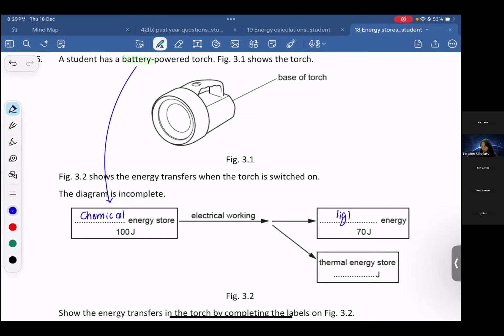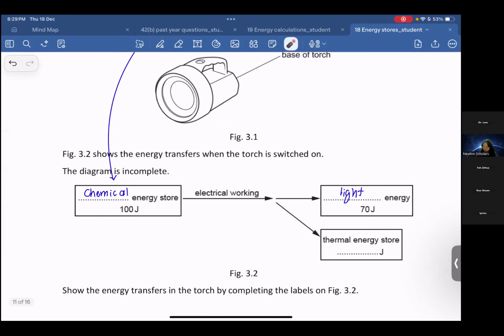Yes, so write down light energy. Starting is 100 joules. Some of the energy, 70 joules, goes to the light. Then the rest goes to the thermal. So 100 joules minus 70, we understand there is 30 joules of energy wasted to the surroundings. Very good.